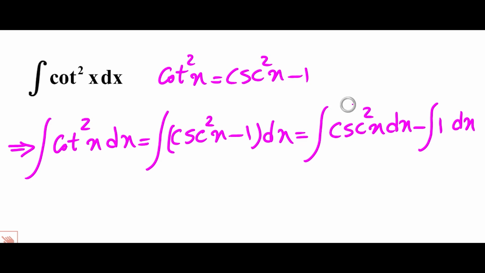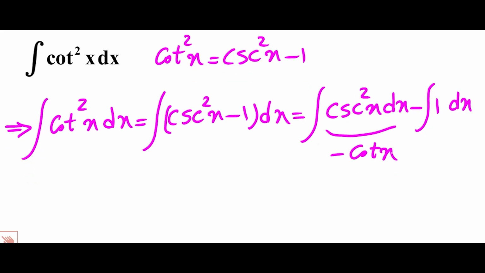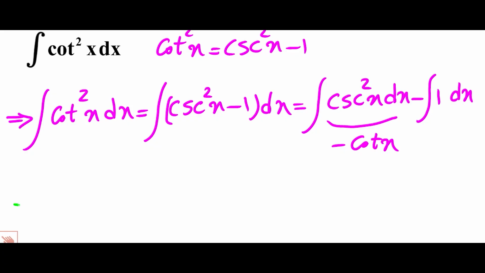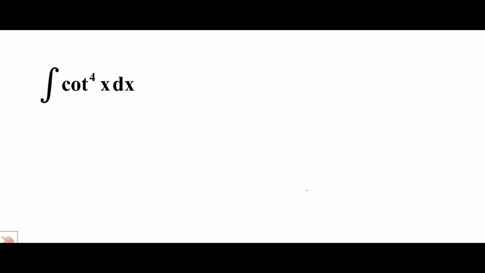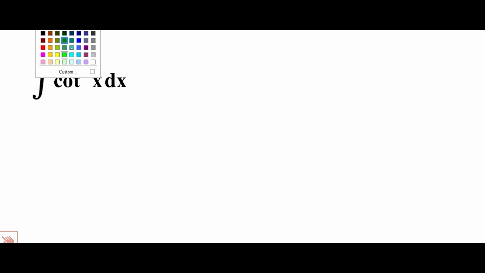And as you know, the integral of cosecant squared x dx equals negative cotangent x, right? So we have the integral of cotangent squared x dx equals negative cotangent x minus x plus c.